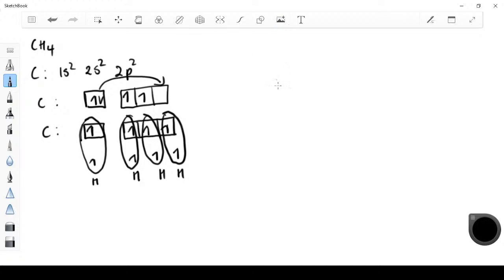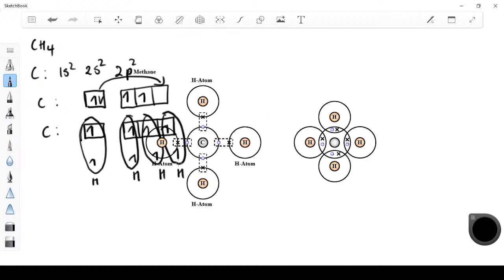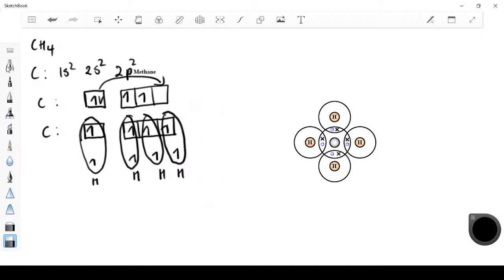So what would this result in? Let me bring up a picture. It would result in something like this, where we have carbon and hydrogen bonding together like that.